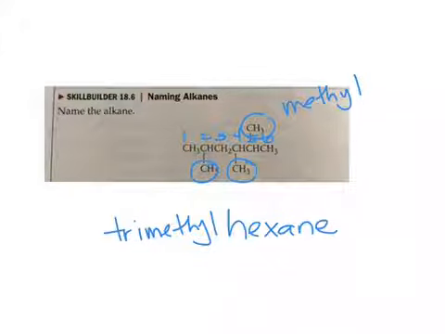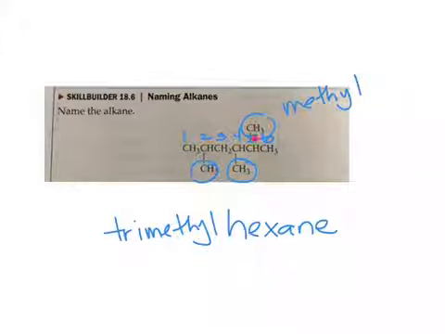Now the last piece of this question is to figure out the location of these methyls so that I can put that here. Now you always want to count from the end that's closest to your first functional group or your first substituent group. So looking at this, I have CH3 coming from this end on my second carbon, and then I have another CH3 coming from this end on my second carbon.